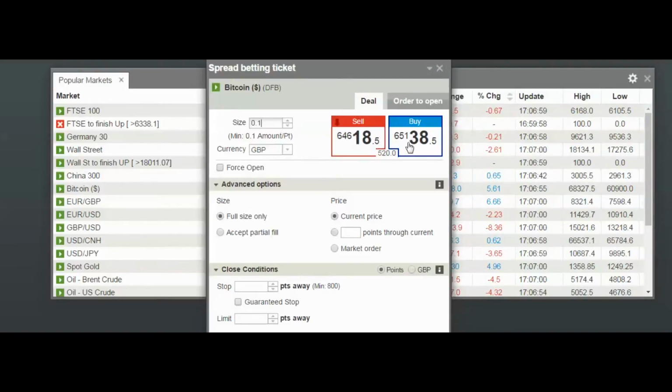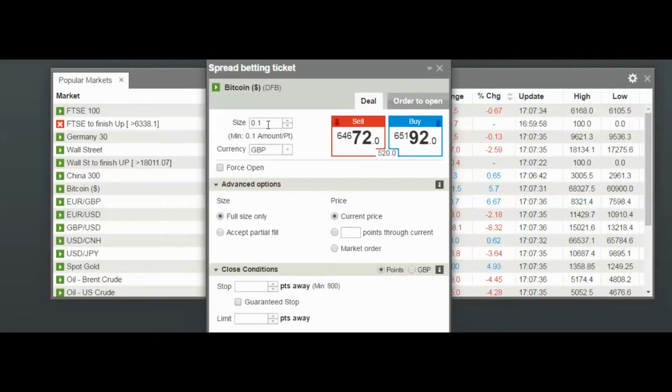So if you decided that you were going to sell Bitcoin, you thought it was going to drop, and it fell from 64,632, this is going to move quickly, but from 64,632, if it fell by 632 points, at 10p per point, that's £63. And it can do that very quickly.